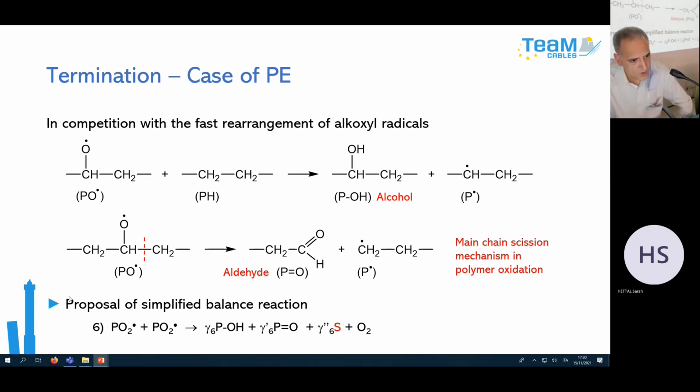So we can propose a simplified balanced reaction, taking into account the predominant chemical reactions, as follows. In this reaction, we consider the oxidation product and the chain scission. So gamma 6 double prime is in this case the yield in chain scission.